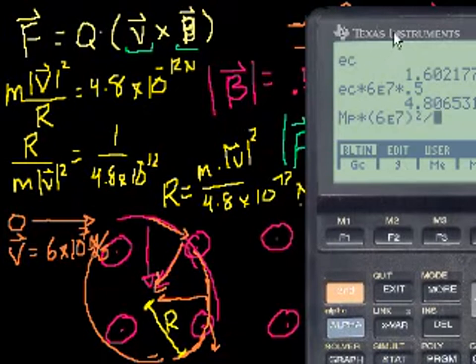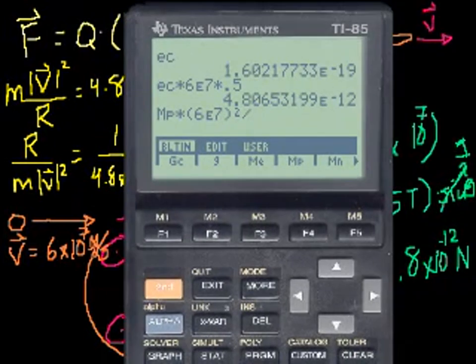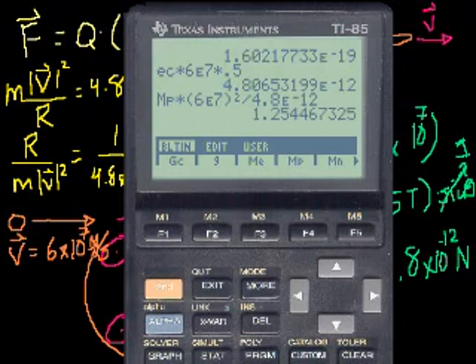That's 4.8 times 10 to the negative 12. So divided by 4.8 e minus 12. Now let's see. Hopefully we don't get something funky. There we go. And that's actually a pretty neat number. 1.25 meters. That's actually kind of a number that we can imagine.